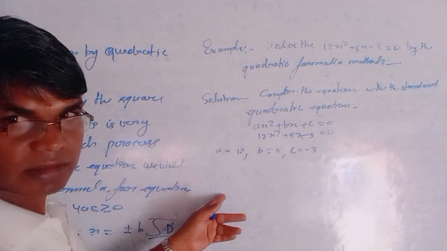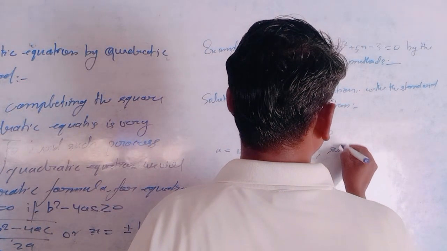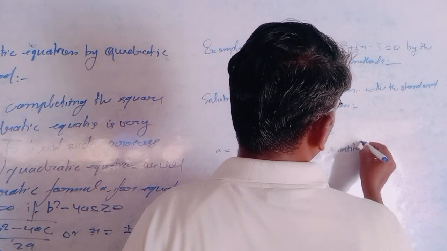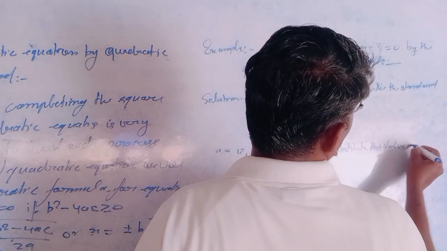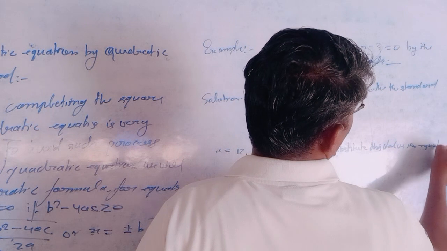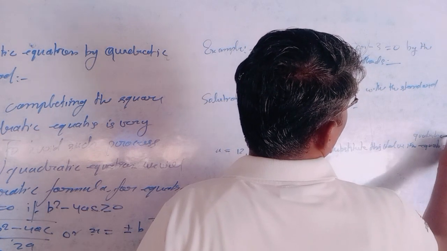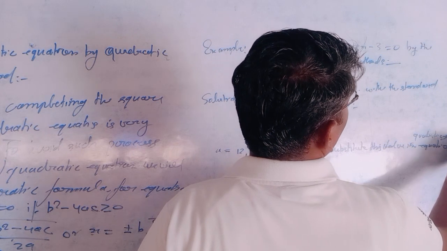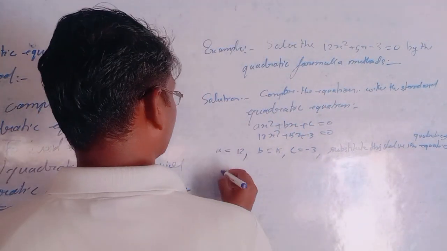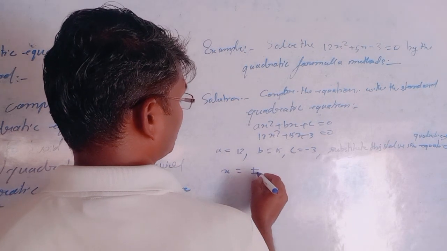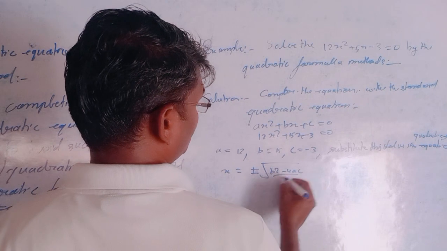Okay. Now substitute these values in the quadratic formula. The quadratic formula is x is equal to minus b plus minus under root b square minus 4ac by 2a.